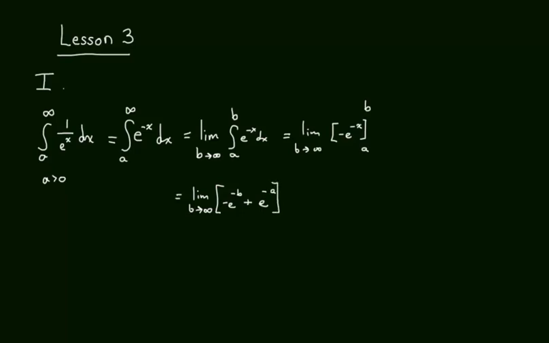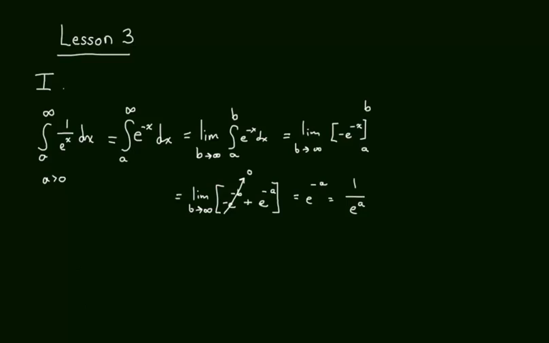Okay, so this portion of it, because b is going to infinity and it's negative b, this is going to go to 0. And so the limit is going to be e to the negative a, or simply 1 over e to the a. What it converges to is not as important as the fact that it simply converges.